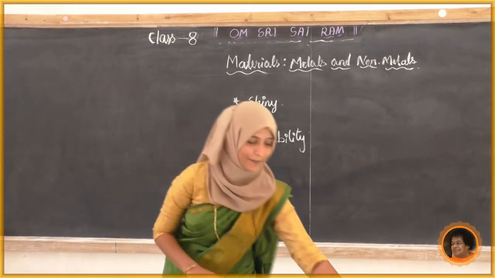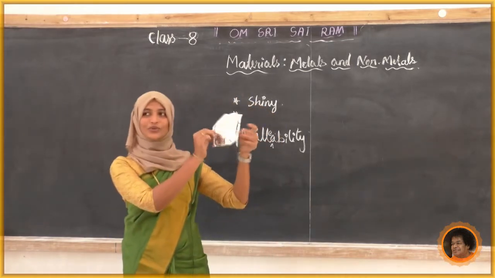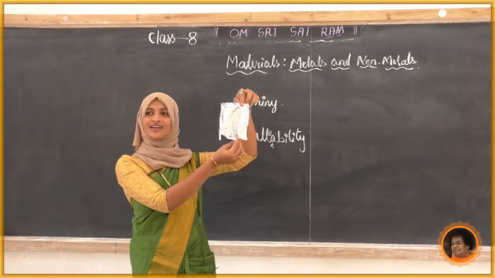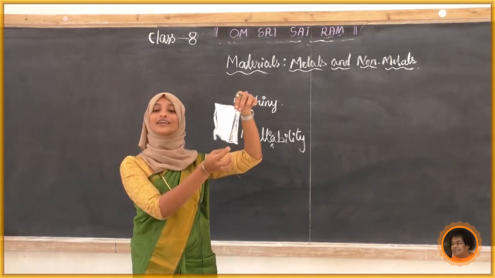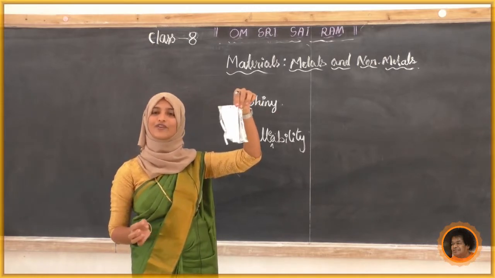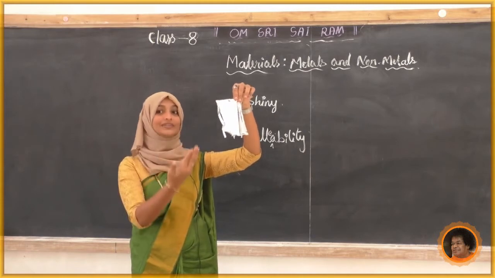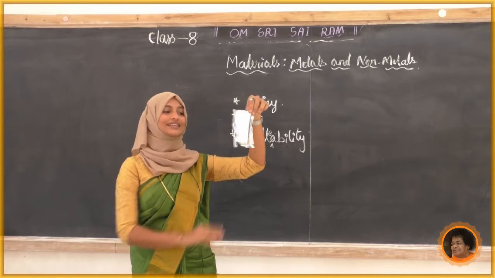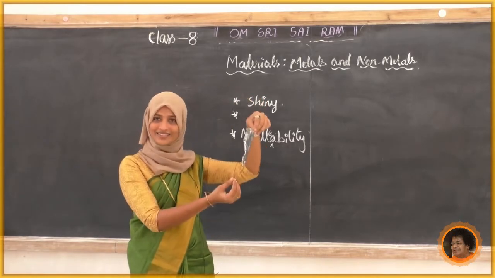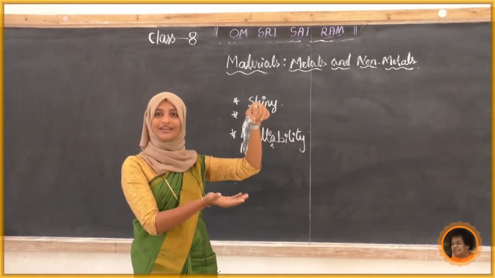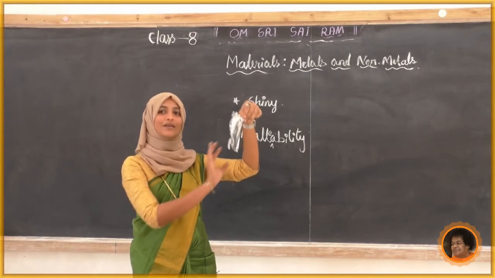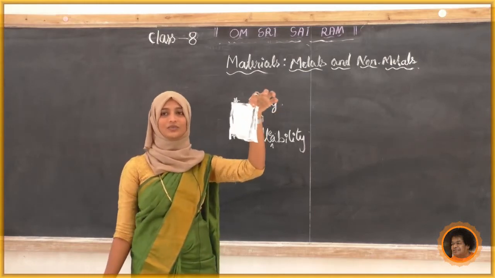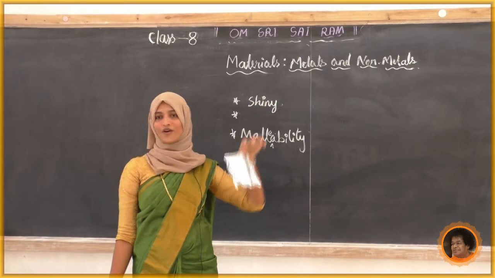One more example I will show you, students. Do you know what this is? Yes, aluminium foil. Where do we use aluminium foil? To wrap food materials. In bakeries we get sweets and all wrapped in aluminium foil.